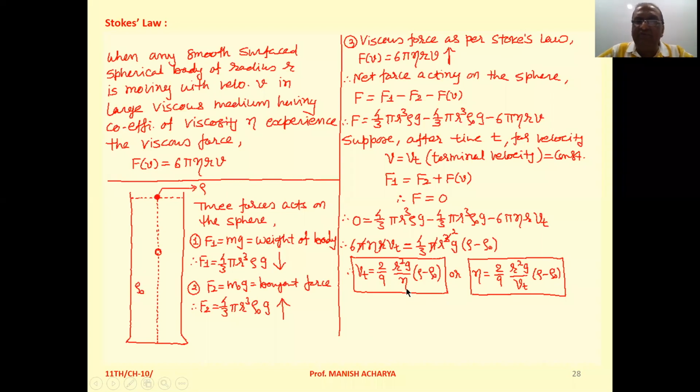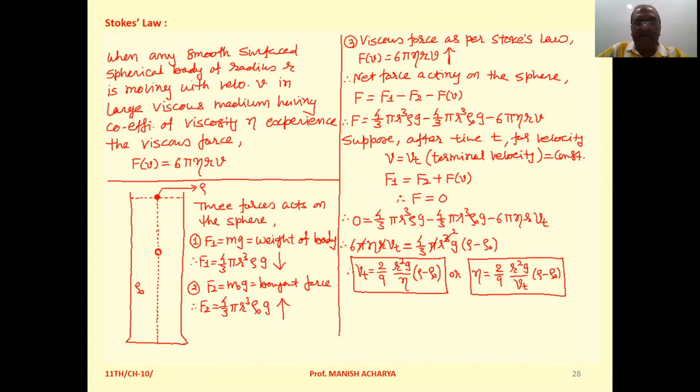And if the coefficient of viscosity is known, then you can calculate the terminal velocity of the body in that particular liquid. Clear? Now see here, rho is greater than rho 0, and the body is moving in this direction, which is considered as positive direction. So your velocity is positive.